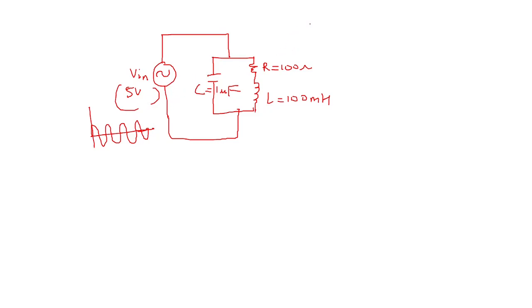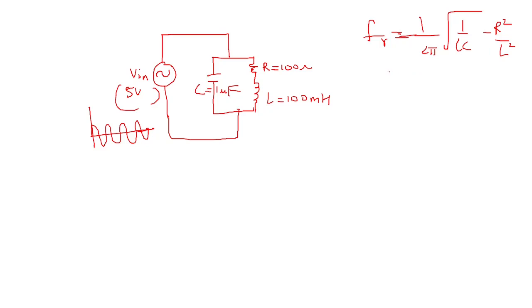Now with these values, let's find the resonant frequency. We know the formula is fr equals 1 upon 2 pi under root 1 upon LC minus R square upon L square.